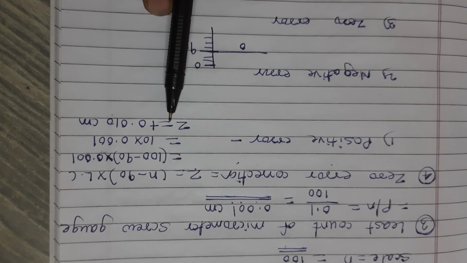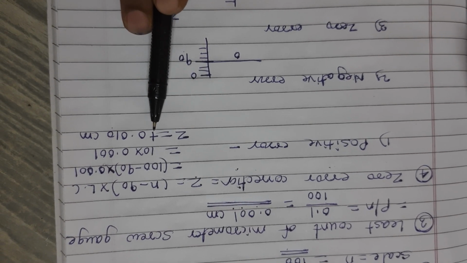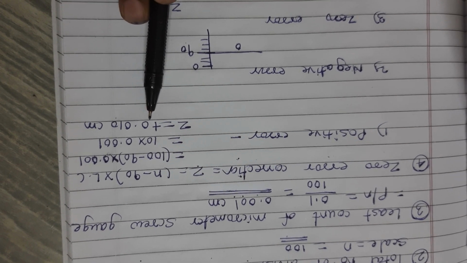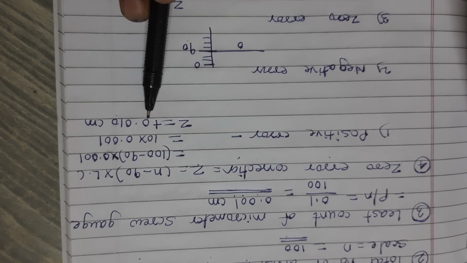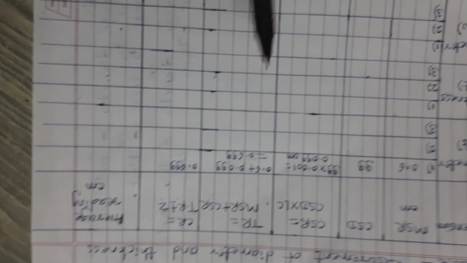Here we get negative error, and for the correct reading we add this value to the total reading. Therefore we add 0.010 to the total reading.